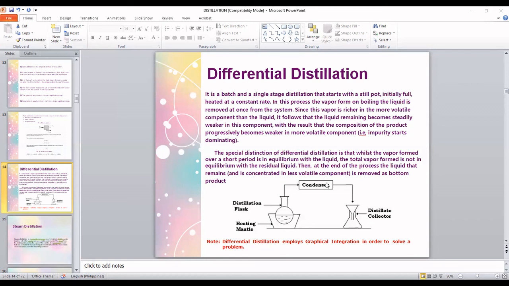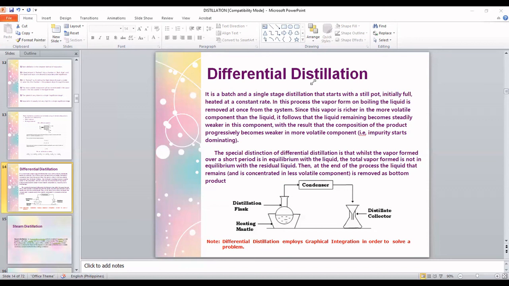The vapor at any particular time, which is condensed into liquid, where is it in equilibrium then, if it's not in equilibrium with the residual liquid? With the collected liquid. Very good.